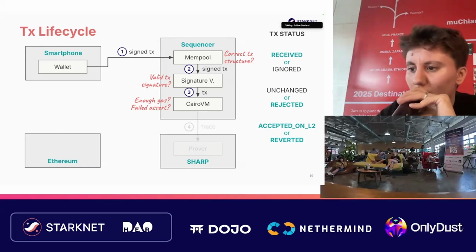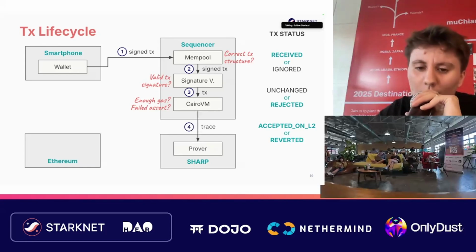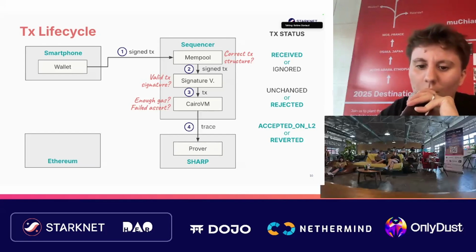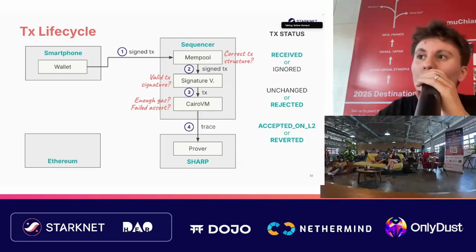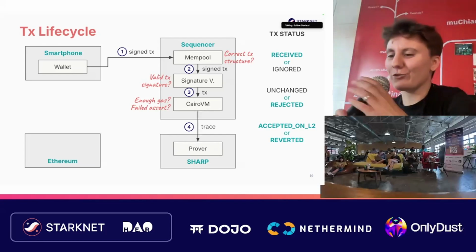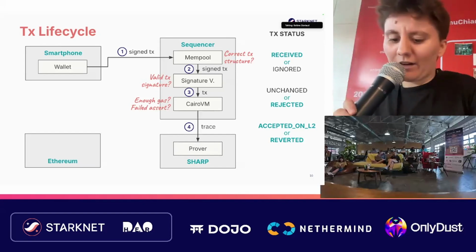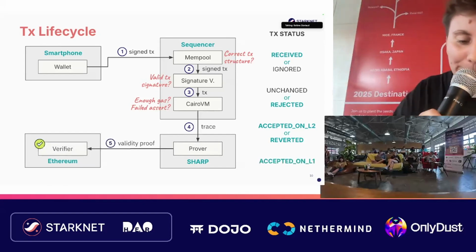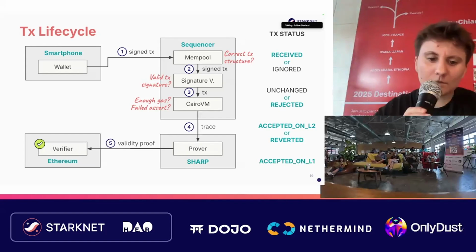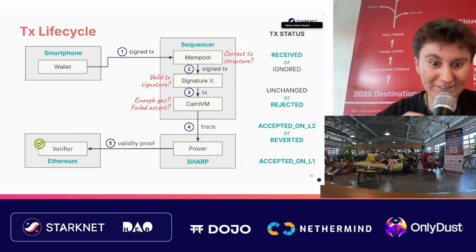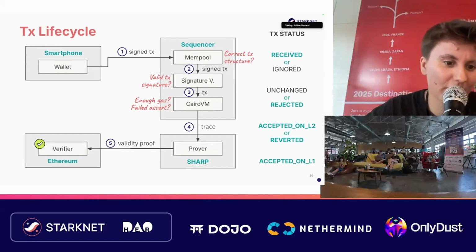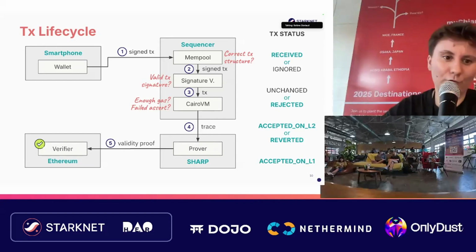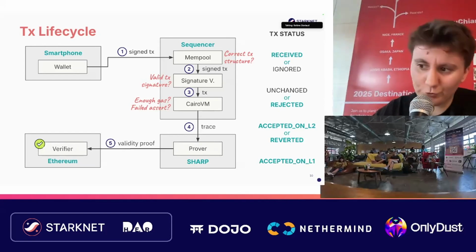Otherwise, the trace of this transaction will be sent to the prover, the shared prover as usual, and this prover will create a validity proof. The validity proof will be verified on Ethereum by node operators, like I told you before.